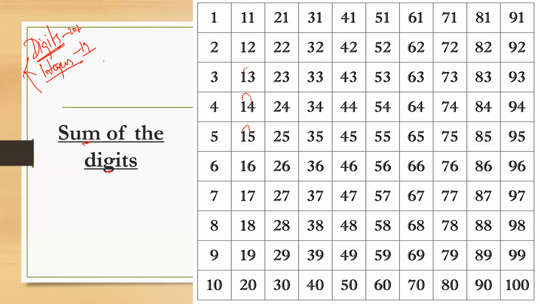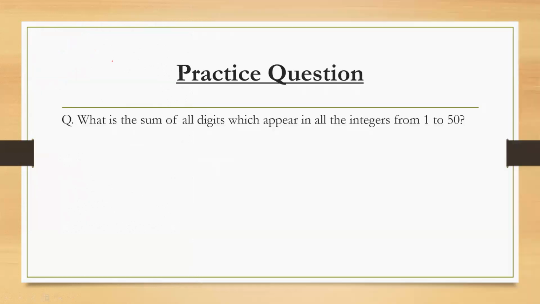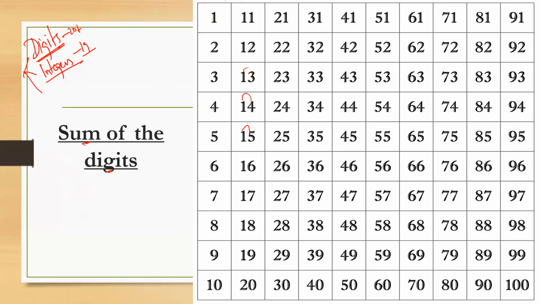So if the question is something of this form, that is, what is the sum of all digits if we are counting integers from 1 to, let's say, 15?